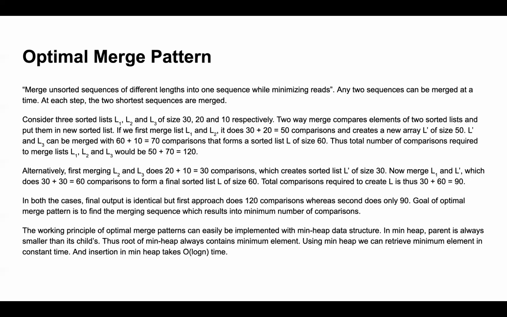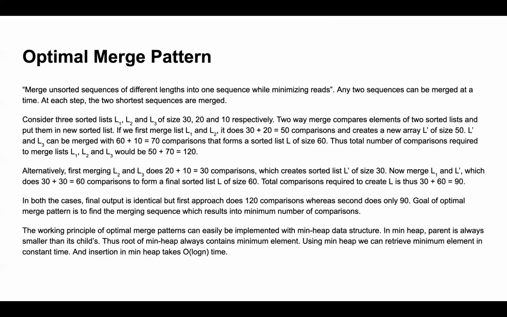Any two sequences can be merged at a time. At each step, the two shortest sequences are merged. Okay, we are going to consider the two shortest sequences here, and we have to merge those.